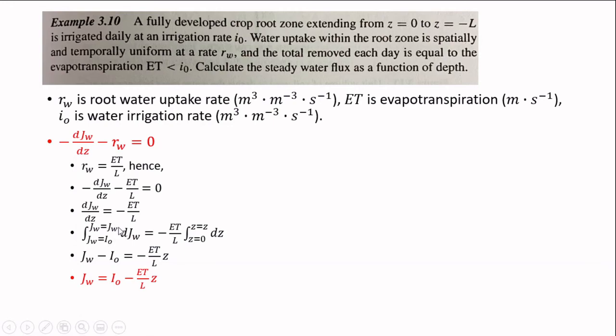Then you integrate to a depth z, the unknown depth for which you want to calculate the steady water flux as a function of depth, and you define it as the water flux JW. In this way, you get JW equals the infiltration rate I0 minus evapotranspiration divided by the length of the plant root, multiplied by the depth z. Of course, z is less than L.